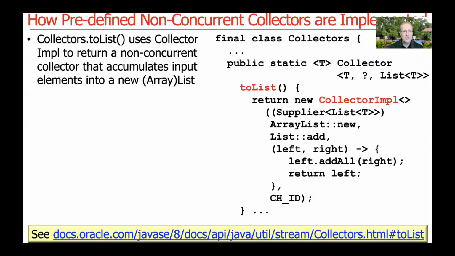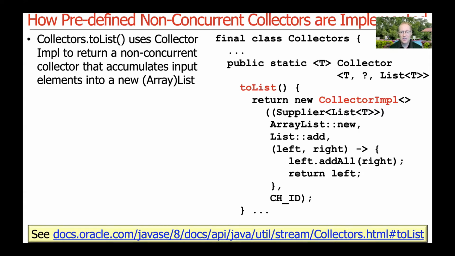So here's an example. The Collectors.toList factory method, which we've seen a number of times in the context of collect, uses CollectorImpl to return a non-concurrent collector that accumulates the input elements in a stream into a new ArrayList.